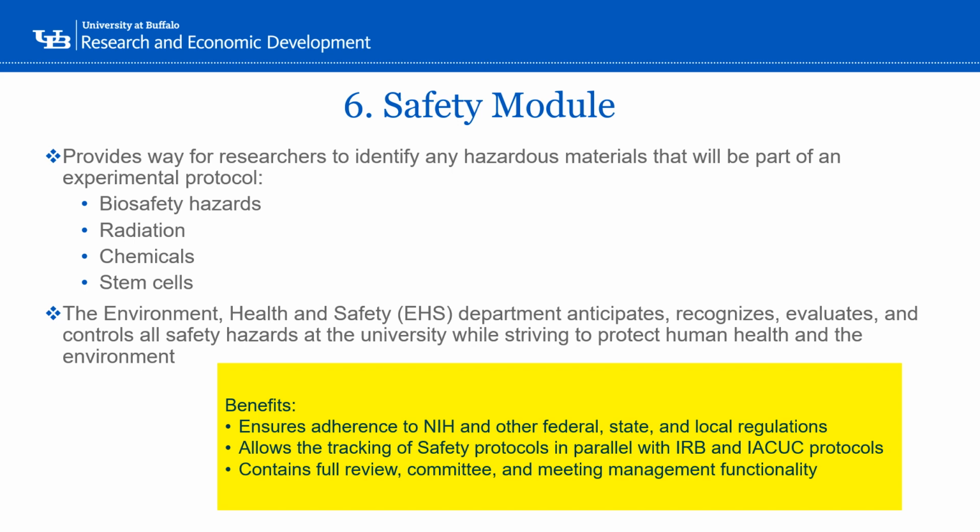The benefits of the Click safety module is that it ensures adherence to NIH and other federal, state, and local regulations. It allows the tracking of safety protocols in parallel with IRB and IACUC protocols, and it contains full review, committee, and meeting management functionality.